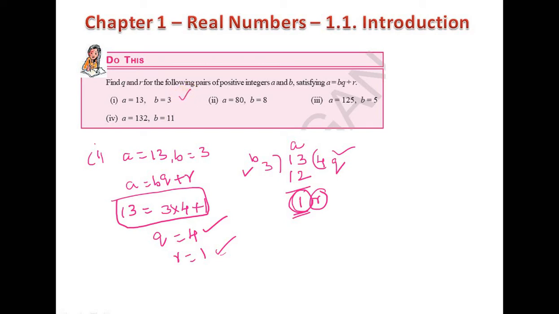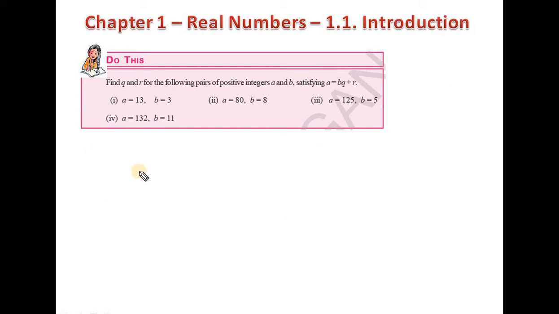So let's see how to do the second problem. What is your A value? Your A value is equal to 80 and B value is equal to 8. So how do you do it? Your divisor is 8, dividend is 80, and how many times does 8 go in 80? 8 tens are 80 and 0.